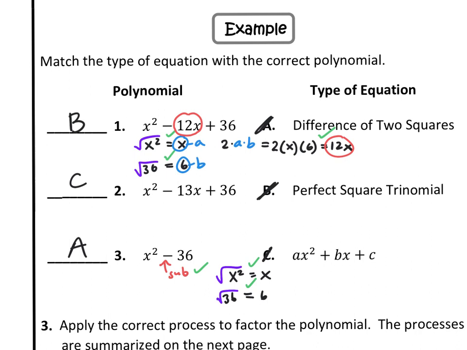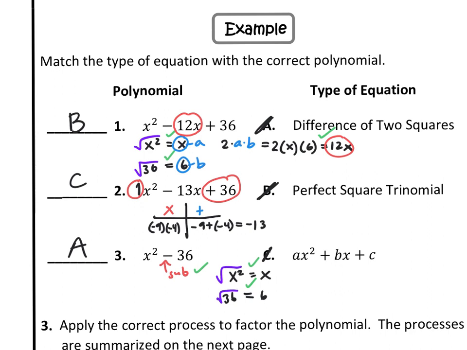Just to cover what we did for number 2: there's a 1 here, and we multiply 1 times 36. We're looking for multiplication and addition. Negative 9 times negative 4 gives me positive 36, and negative 9 plus negative 4 gives me negative 13.